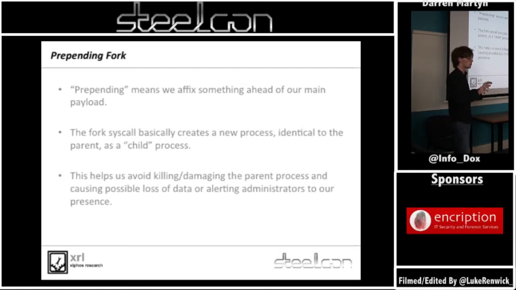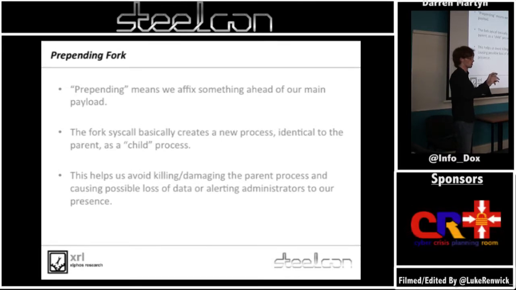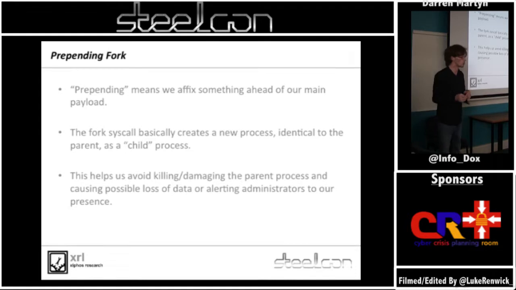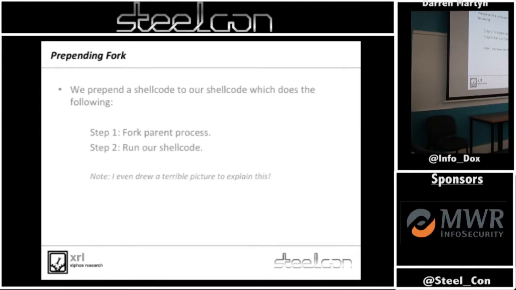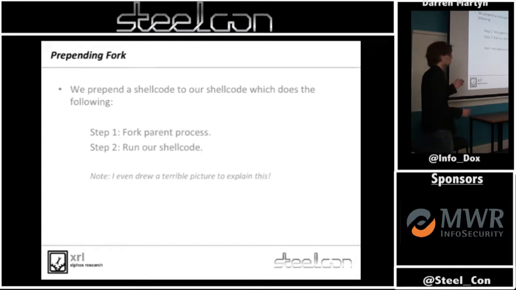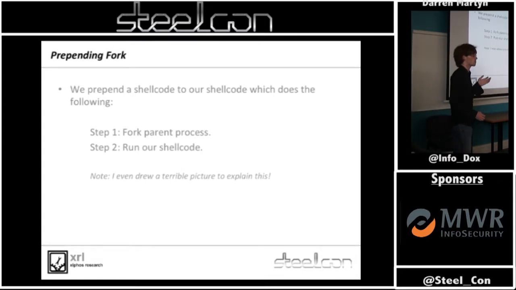This is where it gets really weird to actually visualize. You've just made one into two, put bad code into the second one, and hopefully the parent process runs unharmed and everyone's happy. So to do this, we prepend our shellcode to our shellcode. This is where this actually got fairly difficult from the start.